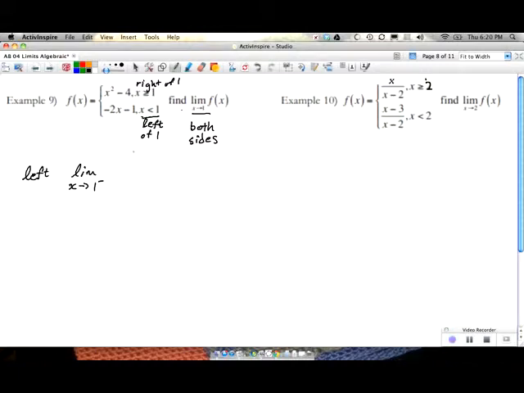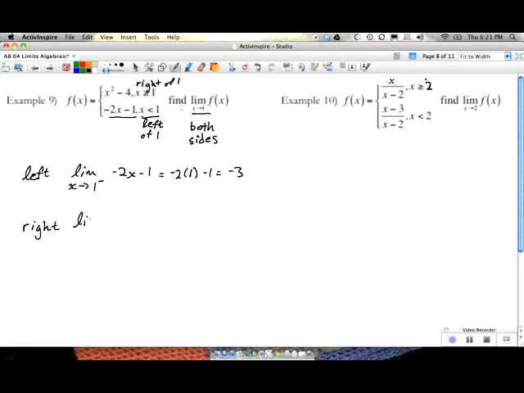From the negative side, below 1. That means that we're going to be doing the left one, down here, this function. Negative 2x minus 1. We can actually just plug that in because there's no zeros in denominators, so we're fine with calculating the numbers. That gives us negative 2 times 1 minus 1, which is equal to negative 3. Let's take a look from the right side.